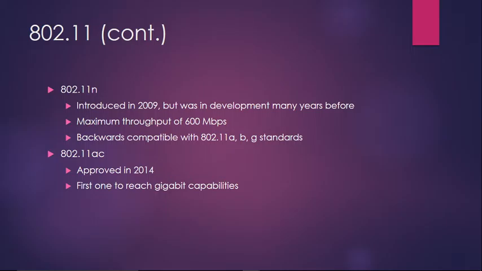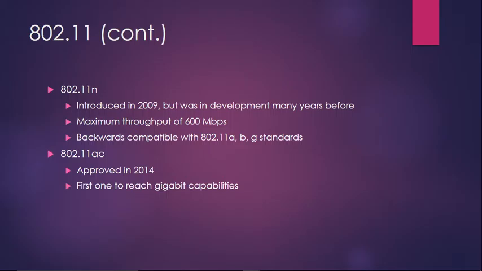And then 802.11n was introduced in 2009, but was in development for many years before. It had a maximum throughput of 600 megs, which was quite a lot, and it was backwards compatible with A, B, and G. So again, if they were upgrading to 802.11n, they could still be used with the previous ones. And then 802.11ac was approved in 2014.